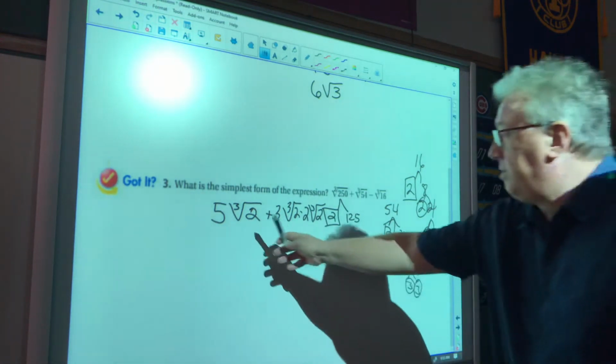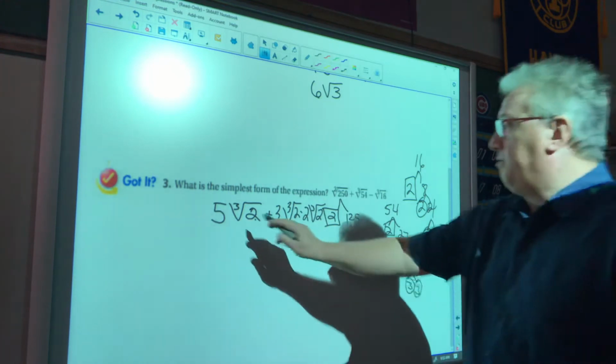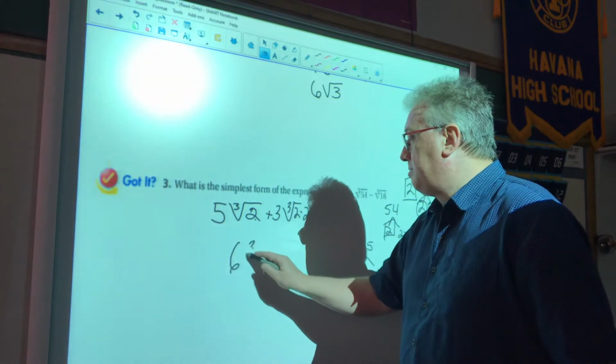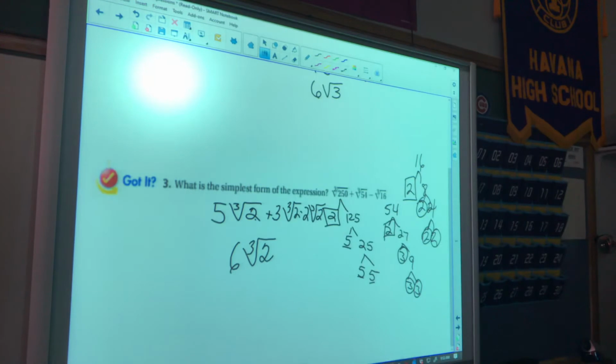We have 3 radicals in which the index are the same and the radicands are the same. So 5 plus 3 is 8, minus 2 is 6, times the cube root of 2 would be your answer there. All right?